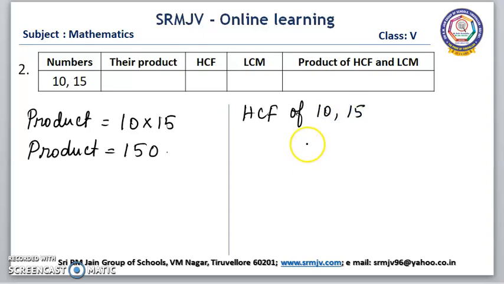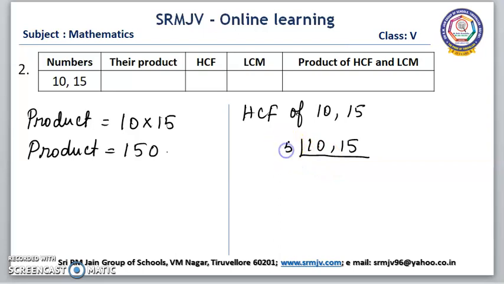Here to find the HCF, we are going to use L division method. 10 and 15. First we have to find the prime number which divides both 10 and 15. Here both the numbers are divisible by 5. 5 is a prime number.